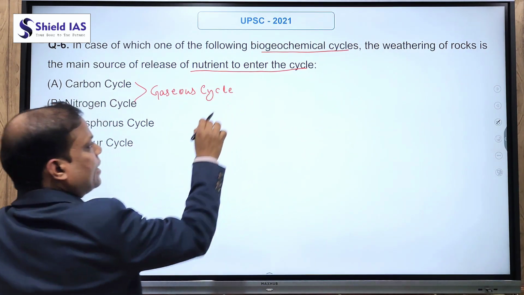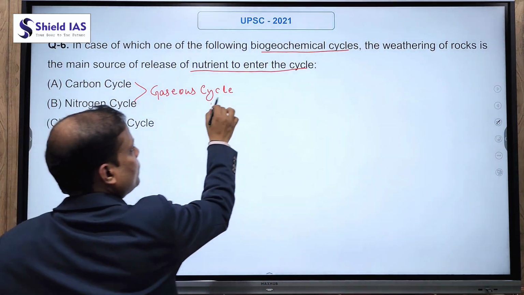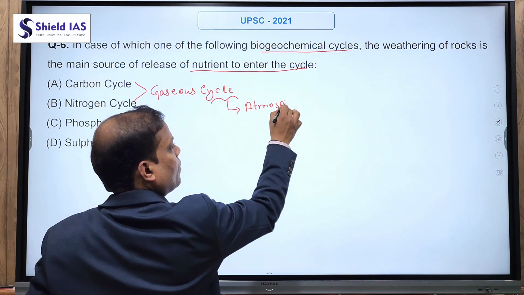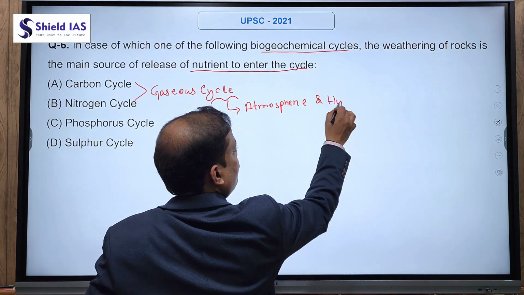Gaseous cycle, and the main reservoir of these carbon and nitrogen cycles are atmosphere and hydrosphere.